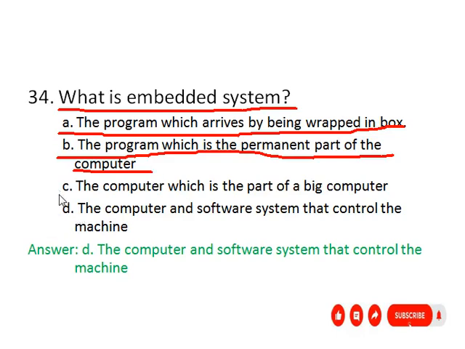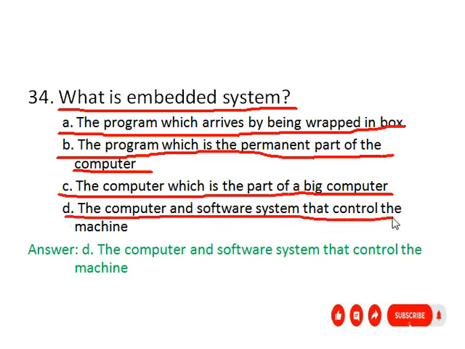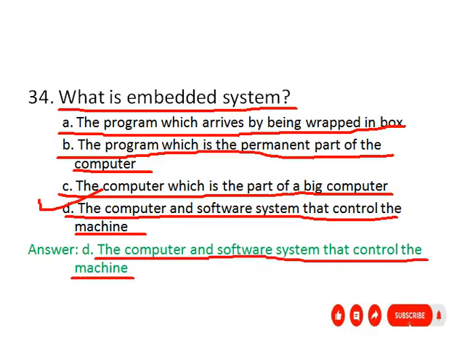Option C, the computer which is the part of a big computer. Option D, the computer and software system that controls the machine. So our correct answer is option D, the computer and software system that controls the machine.